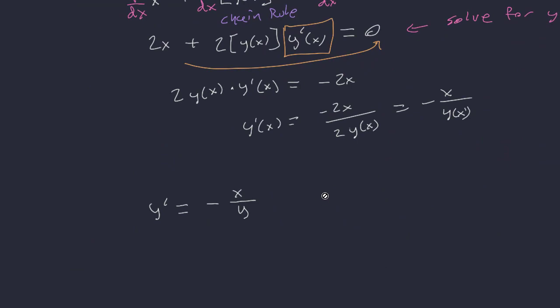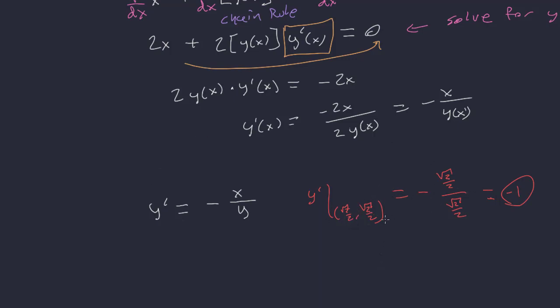We get a nice formula that we can utilize no matter where we are, as long as we put the right point in. For example, if I want to find y prime at the point root 2 over 2, root 2 over 2, okay, it's just going to be negative root 2 over 2 all over root 2 over 2, which is negative 1, which is exactly what we got in the previous way of doing this at this point.